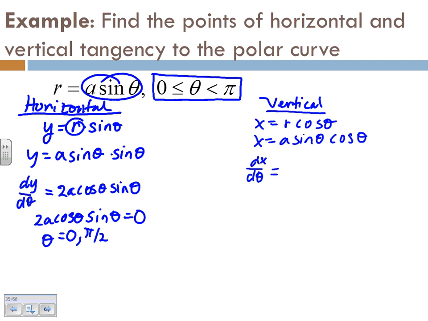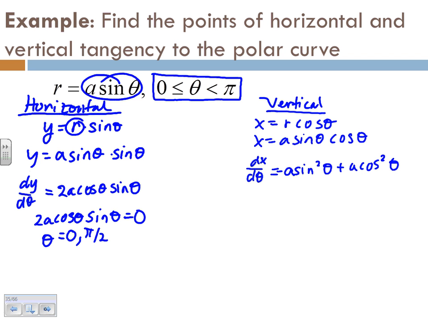Because it's squared. It's all squared. So that's what I got for my derivative dx d theta: negative a sine squared theta plus a cosine squared theta.